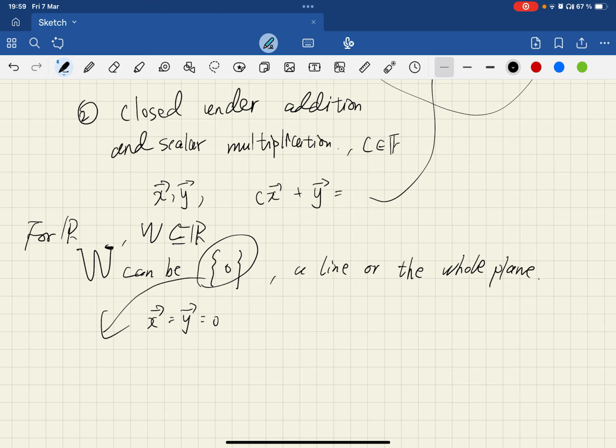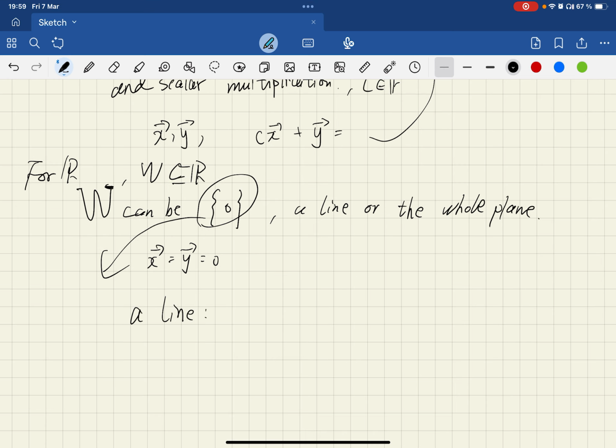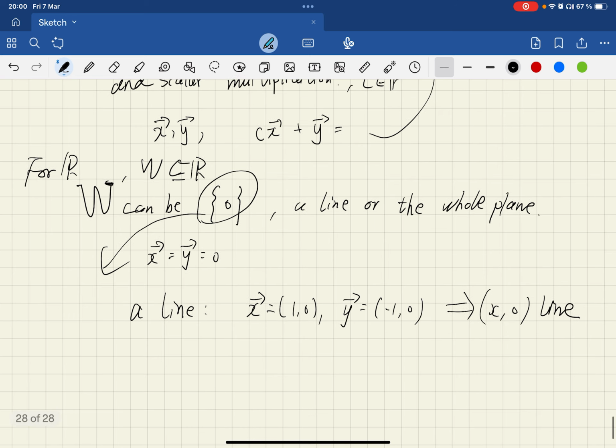So as you stretch, the zero vector is always the zero vector. A line, as you add them together, will always stay on the line where the y component is always zero, or the whole plane. Yeah.